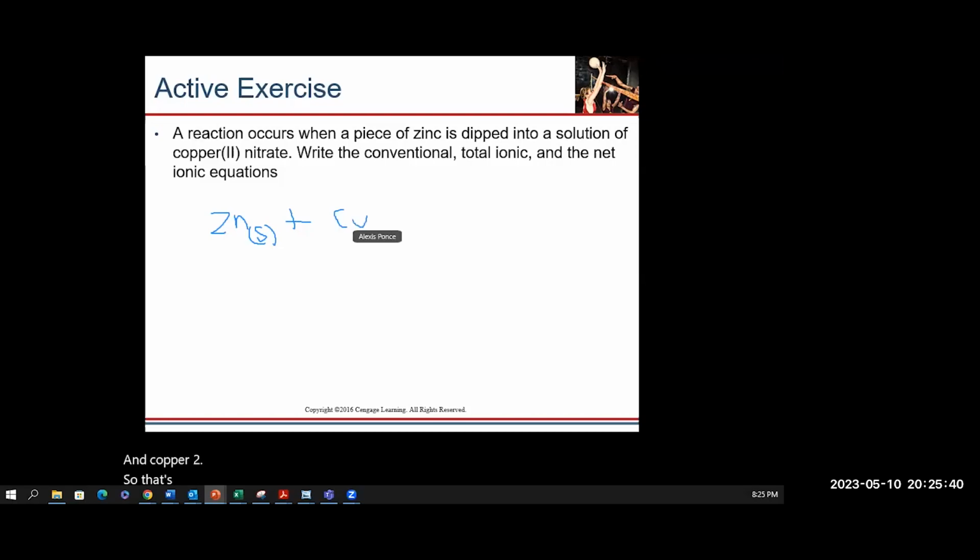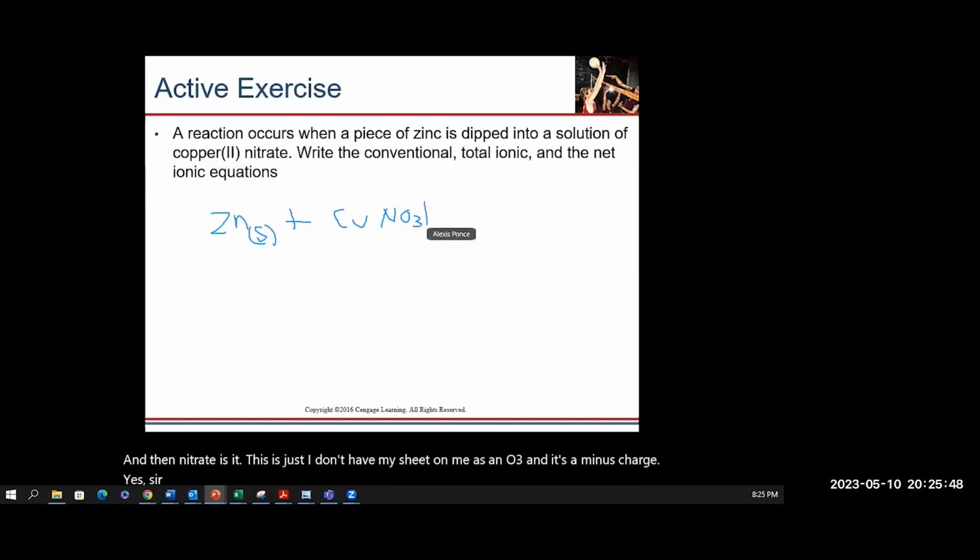And then nitrate is NO3 with a minus charge? Yes, so you need 2 of these. And then this is your aq. So this is a single displacement, right?